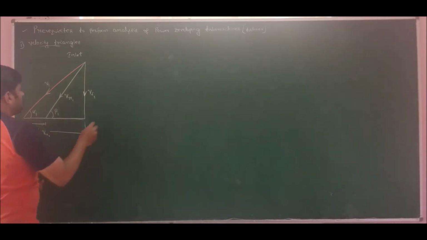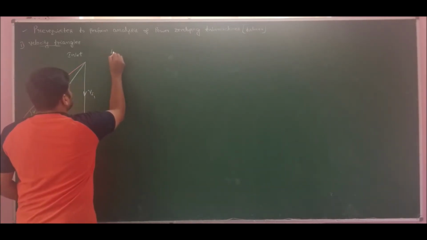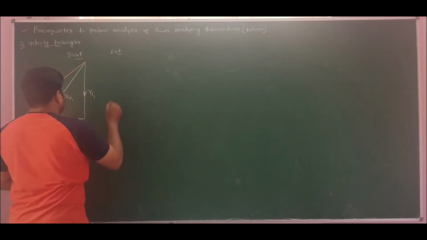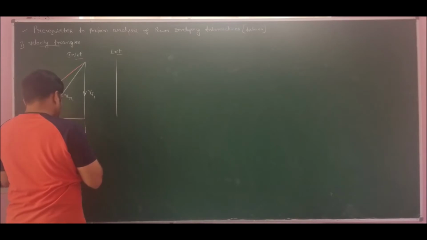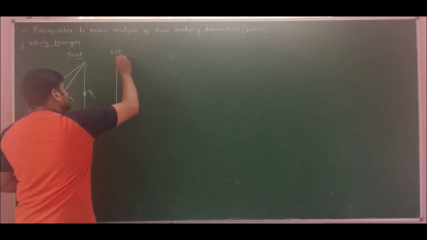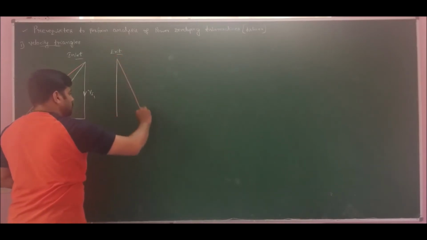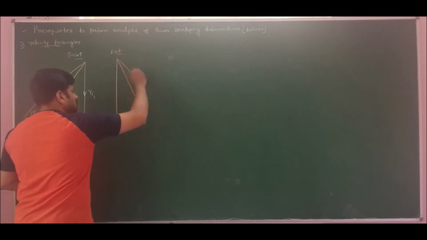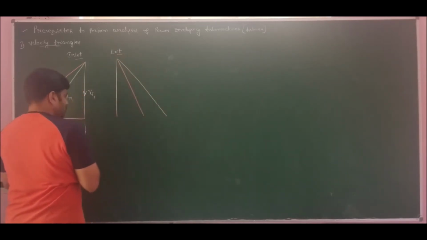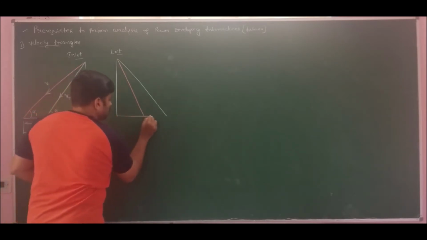Similarly, if I draw the velocity triangle at exit of the rotor blade, we will have flow velocity, and due to energy transfer the absolute velocity will have less magnitude compared to the relative component at exit. So join the base.